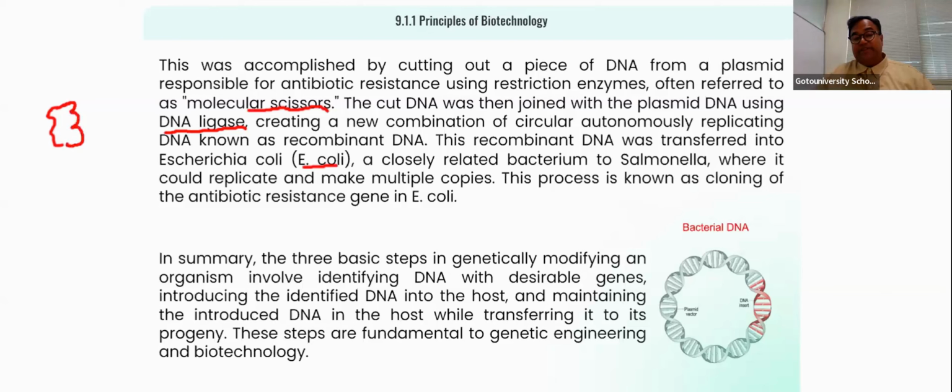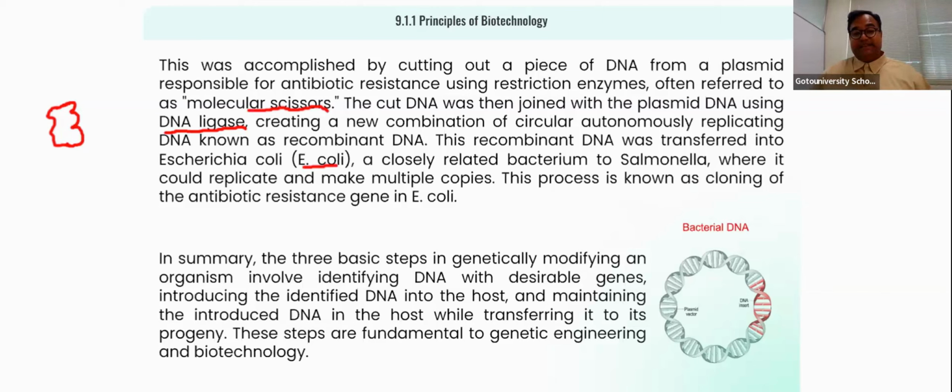So Salmonella typhi DNA and E. coli DNA are combined in such a way that the E. coli and Salmonella hybrid DNA can multiply in E. coli as well as in Salmonella. How do we bridge the DNA of two different species?